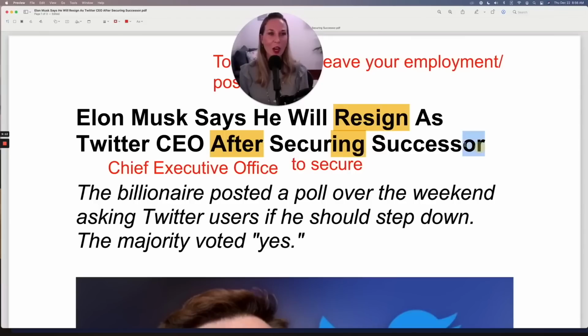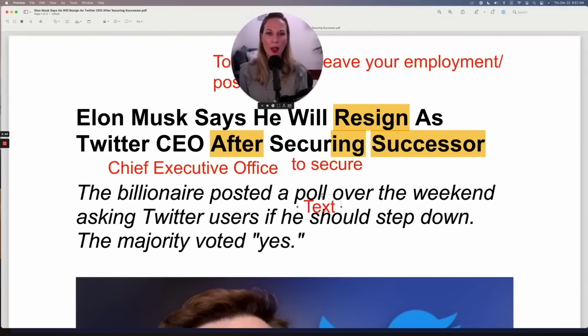Now, what is a successor? Already we've reviewed a lot in this headline here. A successor, hopefully you can understand based on context, which is why reviewing articles is so helpful, because based on the context, well, the successor is the person who will replace Elon Musk as CEO. So it's the person who comes after you as a leader.